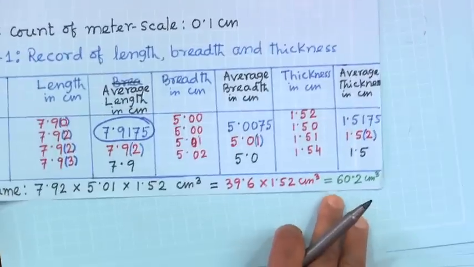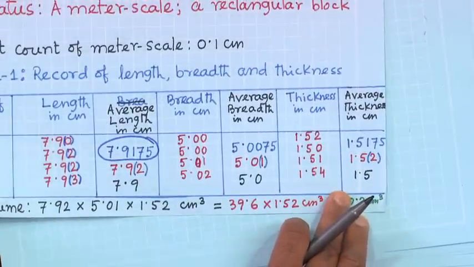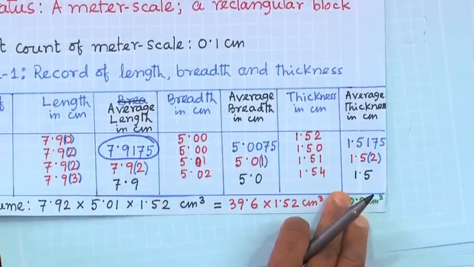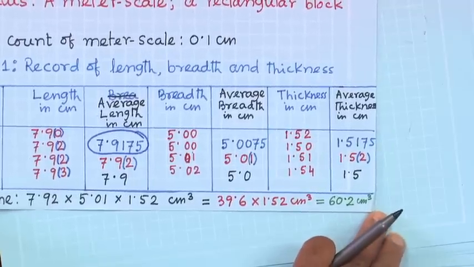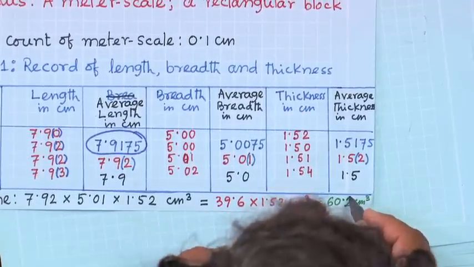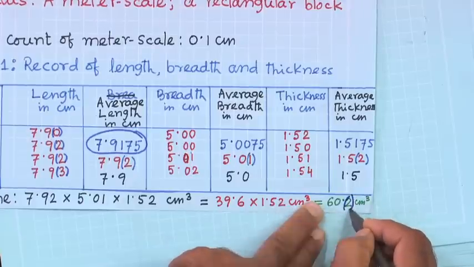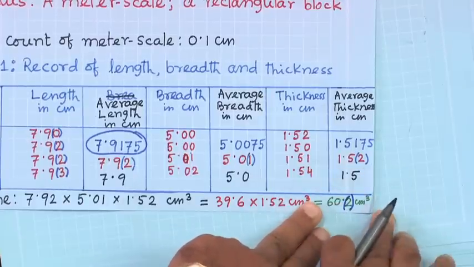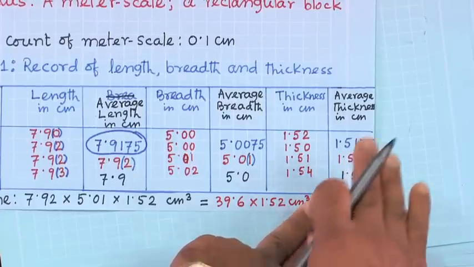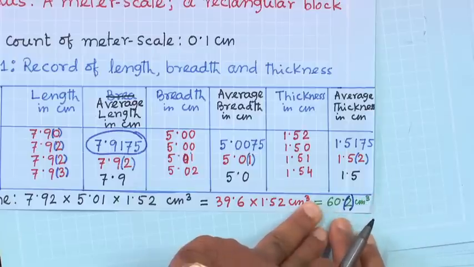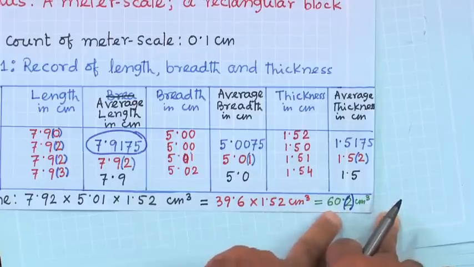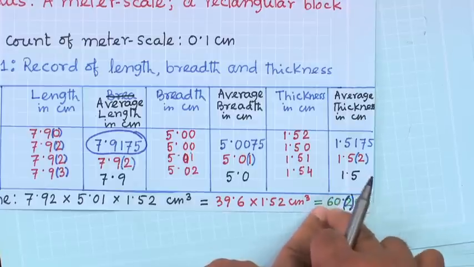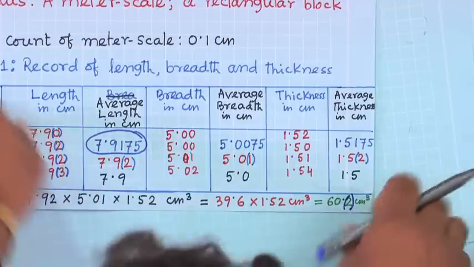So, your result is 60.1 followed by 9, so it is increased by 1, giving 60.2 cm cube. Here this 2 is again the doubtful digit, so you have to keep it in bracket. You can quote 60.2, but you have to tell that the last digit is the doubtful digit.